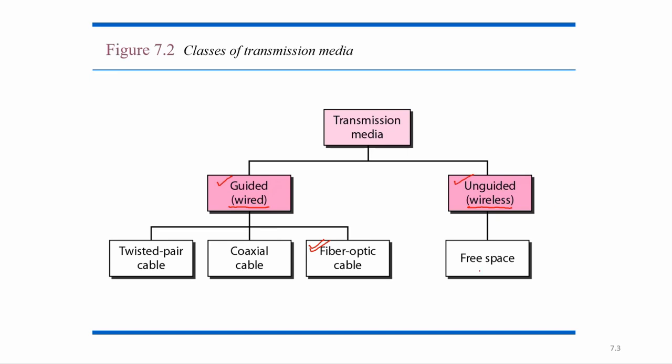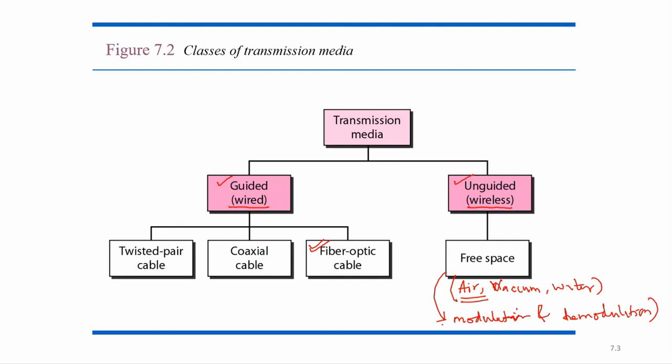In the case of free space, there can be air, or we can use vacuum or water. These can be the mediums considered as free space, but mostly we will be considering air only. Out of the different categories, we will be comparing each of them based on different performance parameters. If we are using air or free space, we require modulation and demodulation.